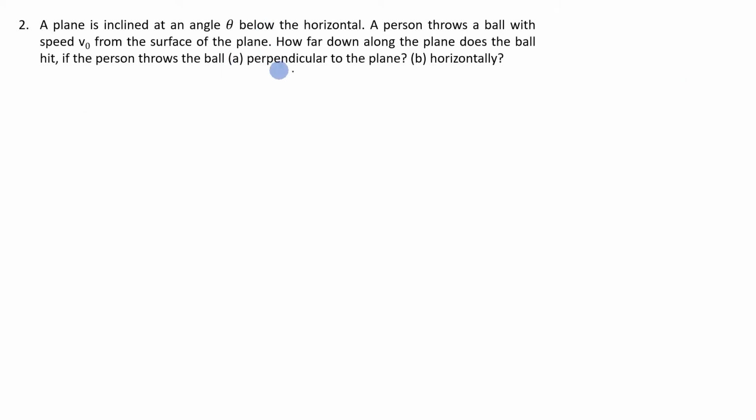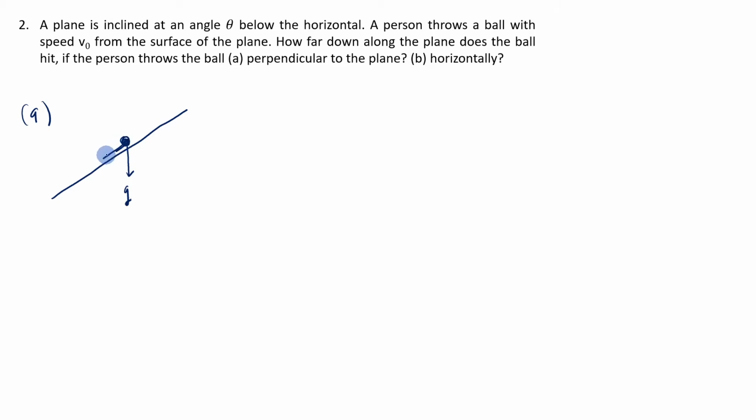First is condition A. Looking at the direction perpendicular to the plane, the initial speed is V0, and the acceleration is, of course, g cos theta. So first, we can illustrate this condition like this. This is the ball with the acceleration downward g.